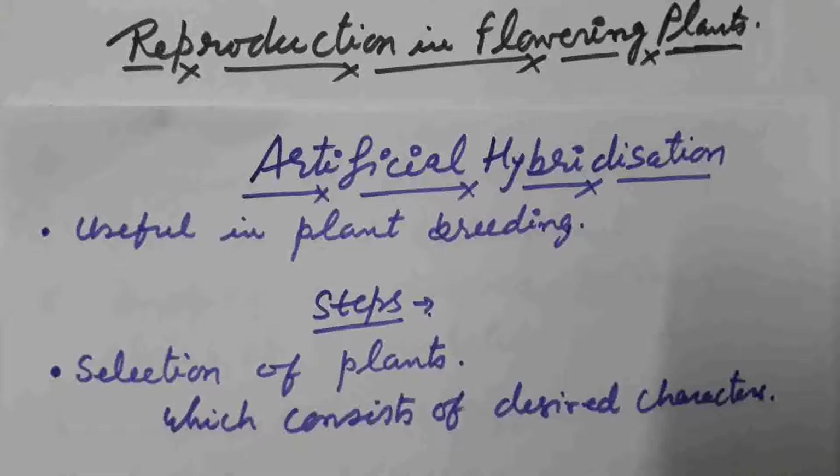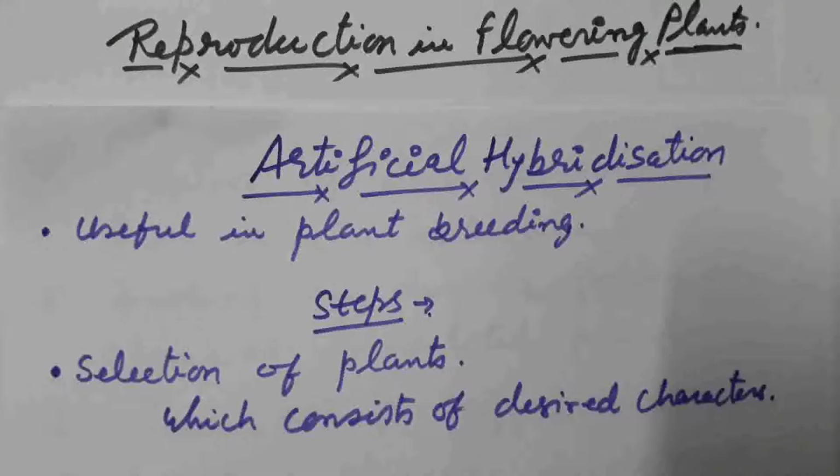For this we make a selection of the desired plants. We select both a male and a female plant. The male plant is the one in which the desired character is present, whose pollen grains are collected and used in this process.